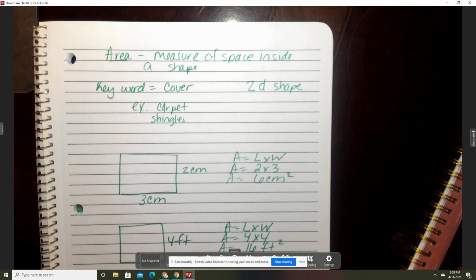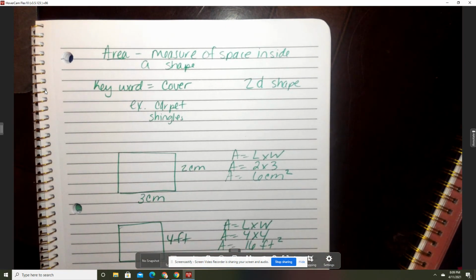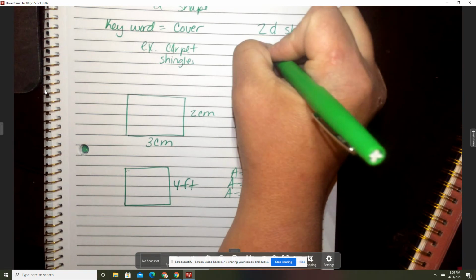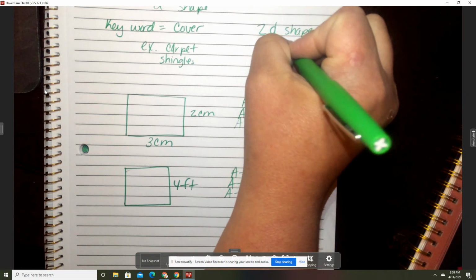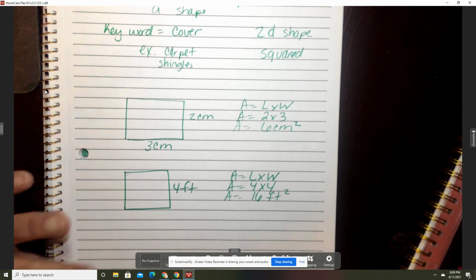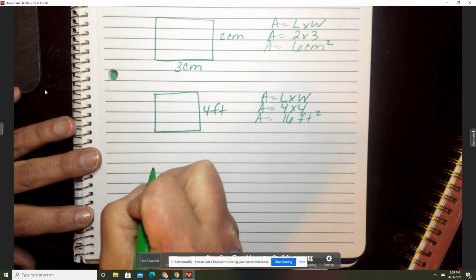The way I remember it is that you're multiplying two numbers together, so that's why you put a 2. So it's squared.